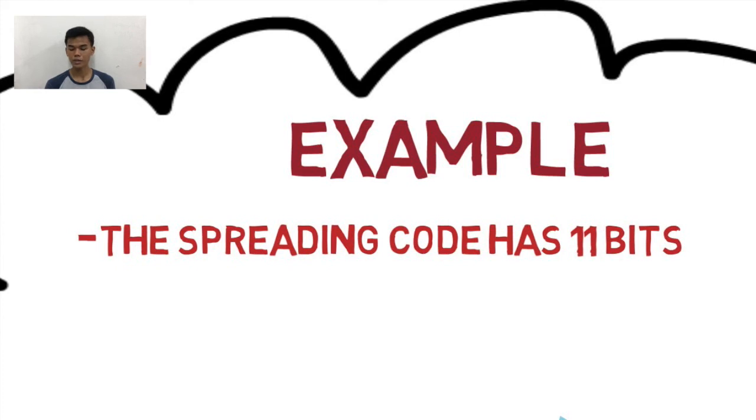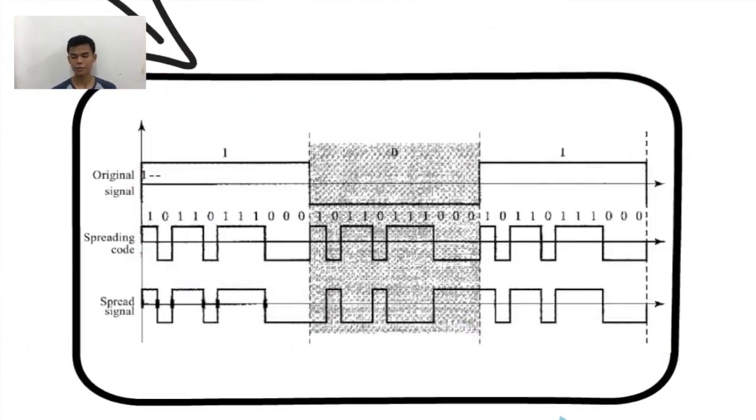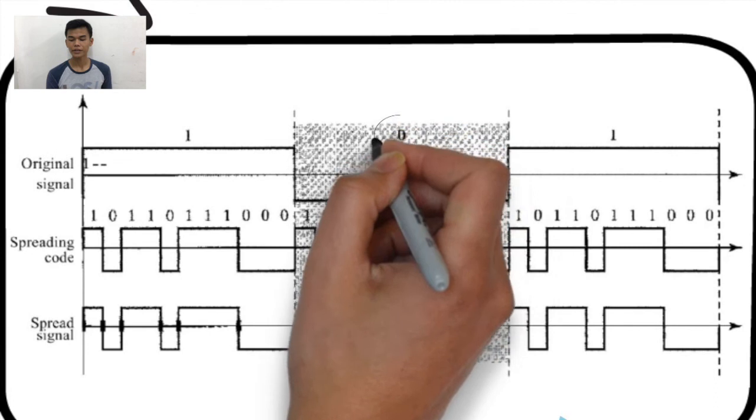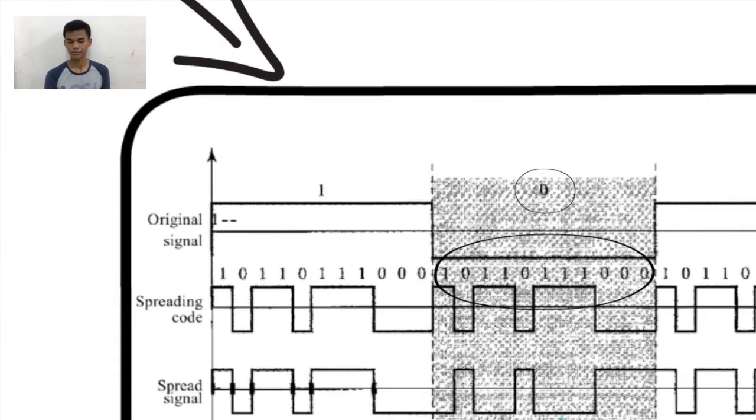So there are 11 bits representing one bit of information. Let's see the example through a graph here. This graph uses non-return-to-zero encoding for both the original signal and the spreading code signal. As you can see here, the bit 0 of the original signal will be modulated by the spreading code and create the spread signal like at the bottom of the graph.